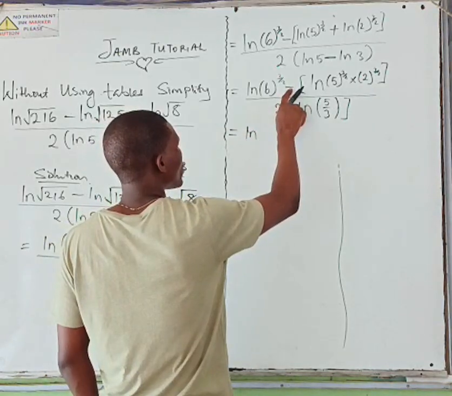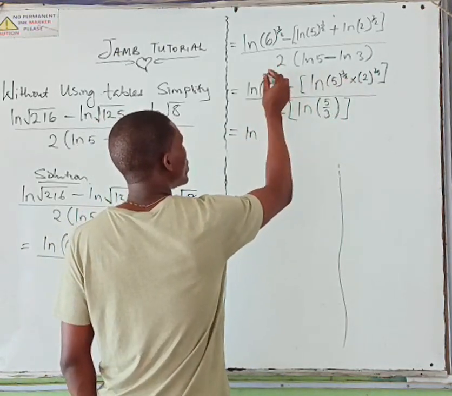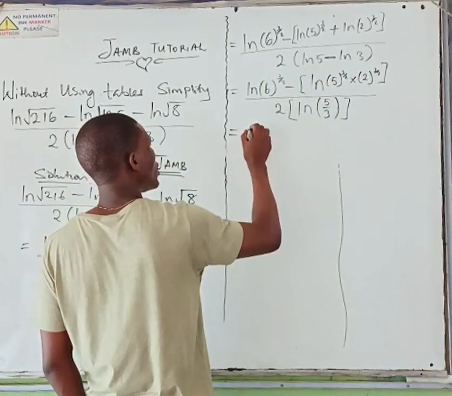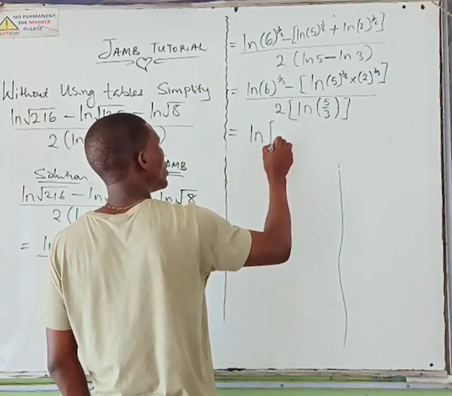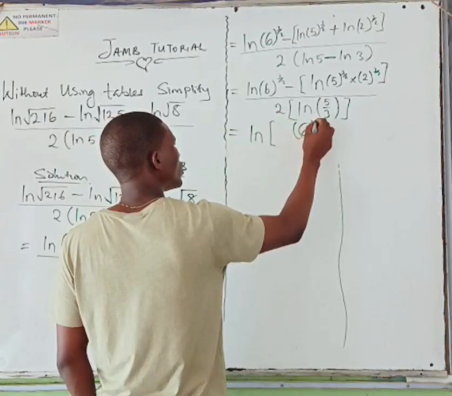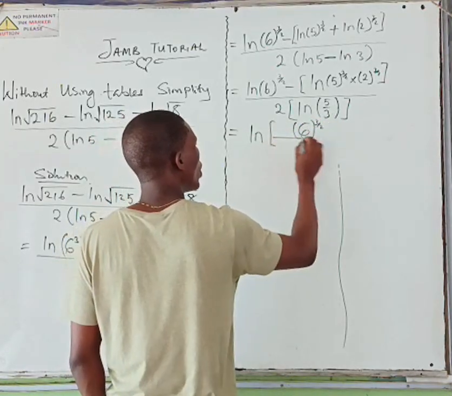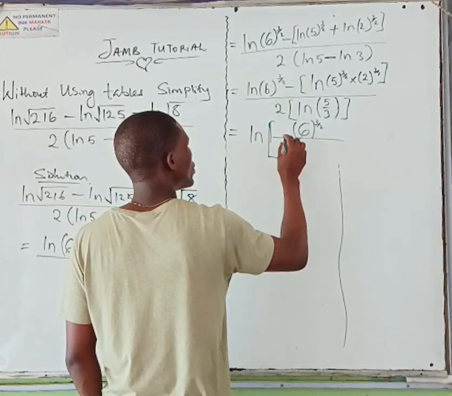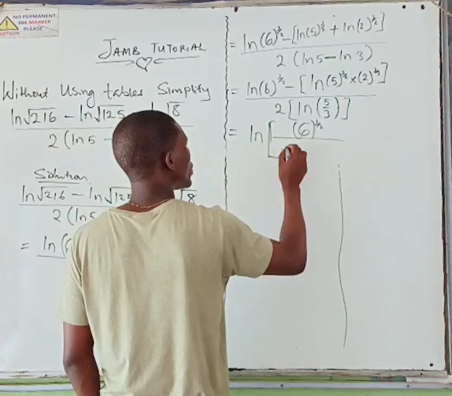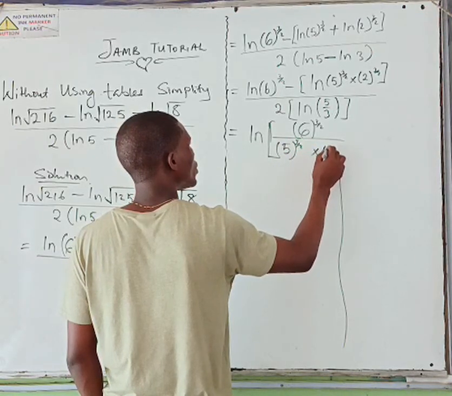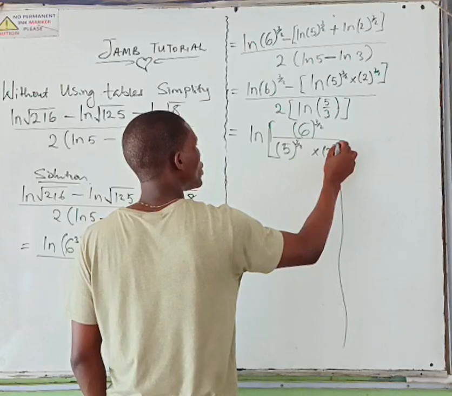Now this subtraction means we take everything here to a common log, so we have 6 raised to the power 3 over 2, all over 5 raised to the power 3 over 2 times 2 raised to the power 3 over 2.